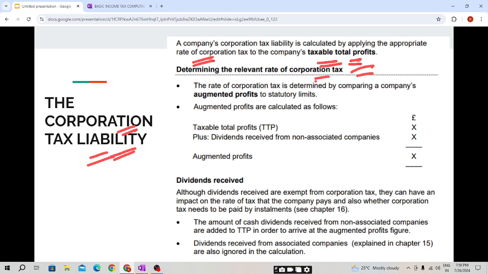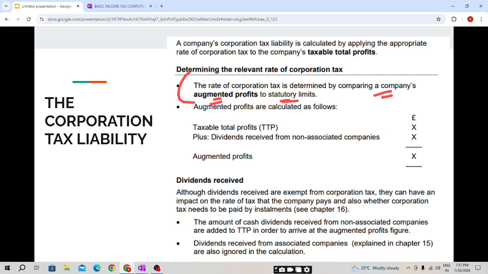Determining the relevant rate of corporation tax: the rate is determined by comparing a company's augmented profit to statutory limits, so that we will be able to identify the tax rate for the corporation.